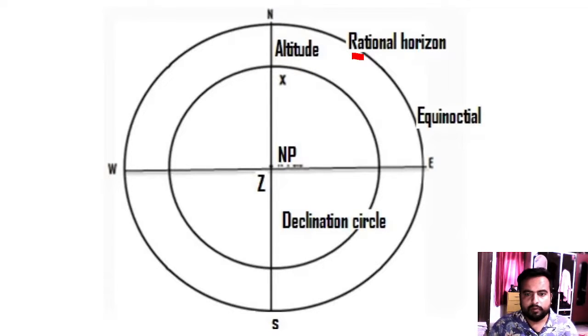Now we will see this diagram. In this diagram we can see the North Pole and South Pole over here, and the pole is not elevated, so our observer is on the equator. Z is the observer, the zenith of the observer. This is east, this is west, this is the declination circle.